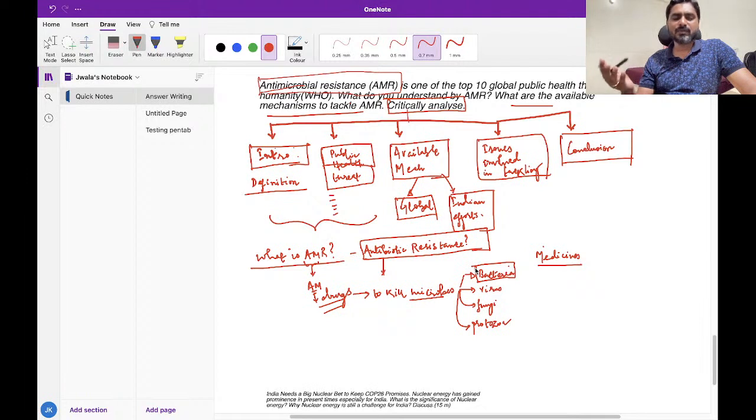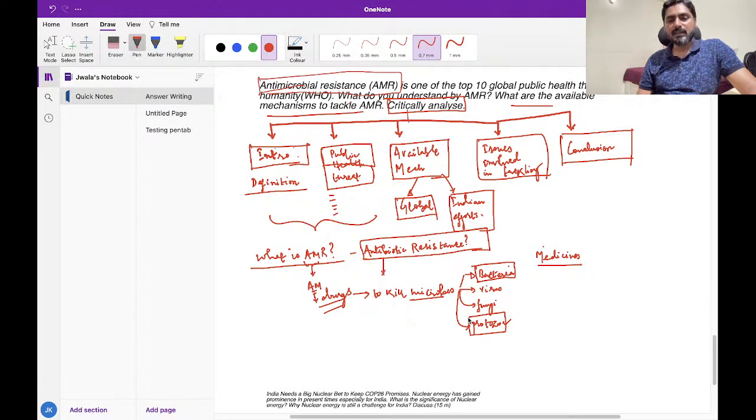During COVID times, most of us would have taken some antibiotic or antiviral drug. If you get some skin disease, you take antifungal creams or medication. Malaria is caused by protozoa, so to kill this microbe, we use antiprotozoal medicines also.